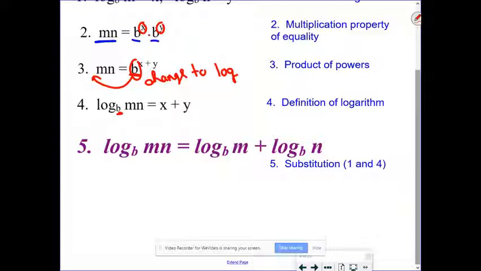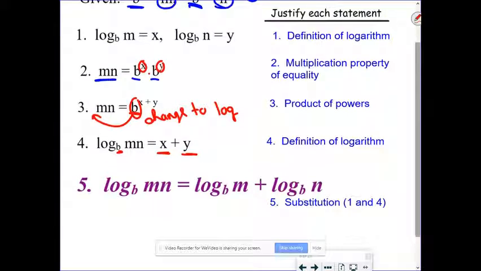Now, typically x plus y, we don't want to leave it like that. We want to just write it in terms of m and n, like the left-hand side. So how can I get rid of x? We use a substitution. x, if we look at step 1, is log base b of m. So wherever there's an x, I'm going to put in log base b of m.